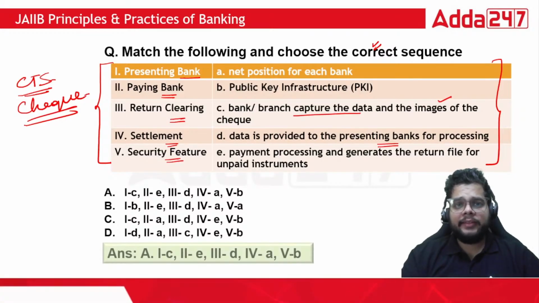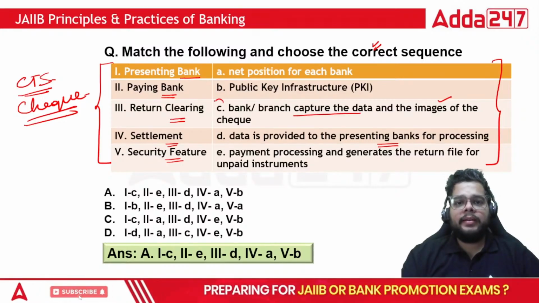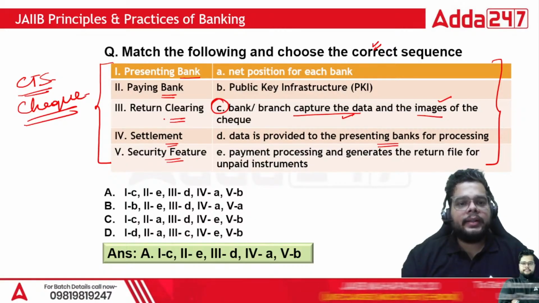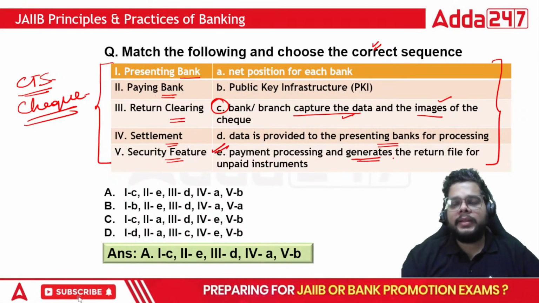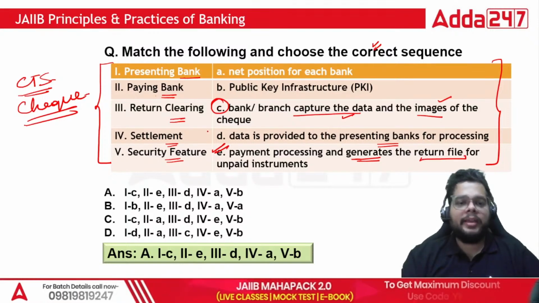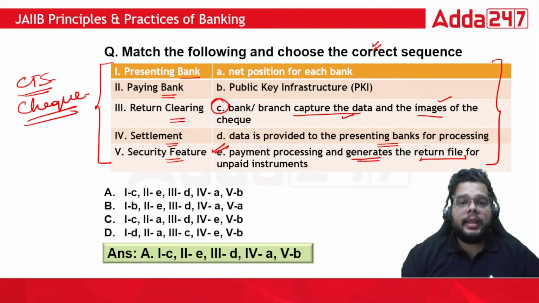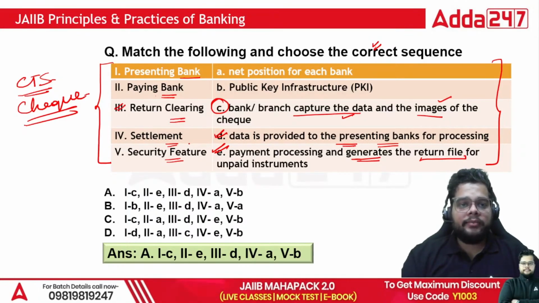The correct answer will be option A. That is, your presenting bank will be the bank or the branch capturing the data and images of the cheque. Then the paying bank will be doing payment processing, and it will be generating the return file for the unpaid instruments. Then when we talk about returning clearing, here the data is provided to the presenting bank in case of return or in the clearing phase.